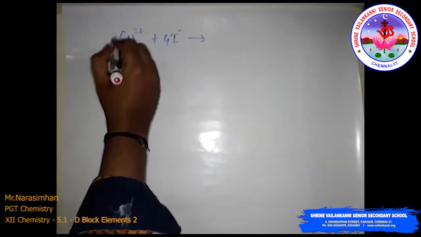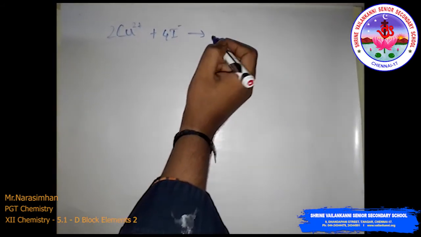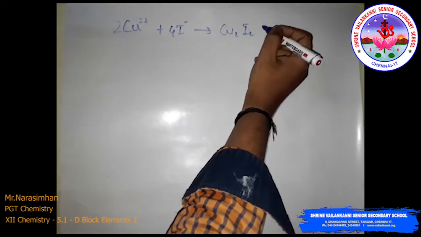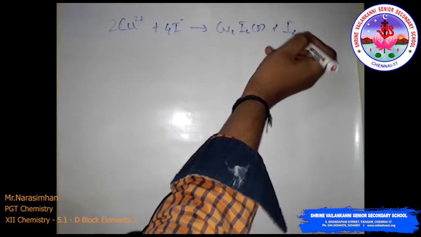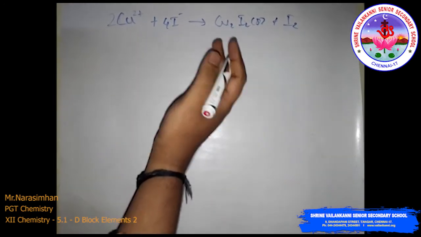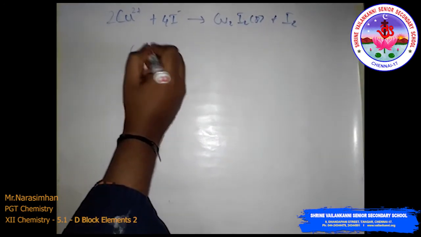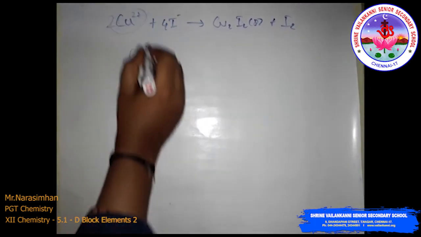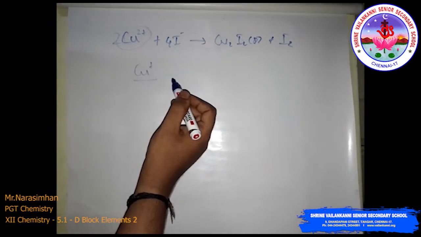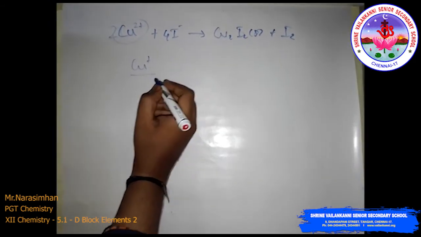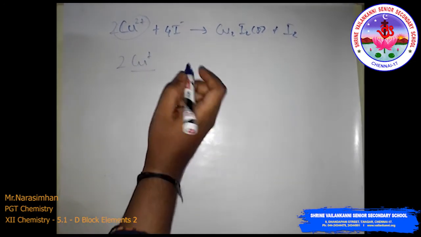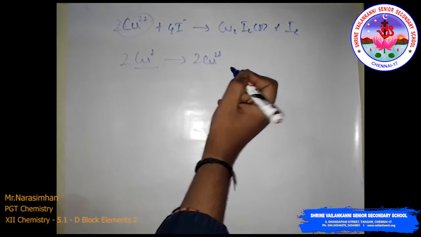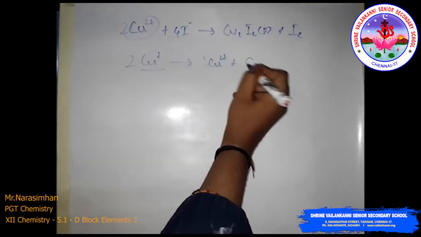So 2 moles of Cu2+ ion react with 4 moles of iodide ion to produce Cu2I2, which is solid, and I2. However, many copper(I) compounds are unstable in aqueous solution; this is stable in the solid, this is unstable in aqueous solution. It undergoes a disproportionation reaction, so 2Cu+ becomes Cu2+ and Cu.